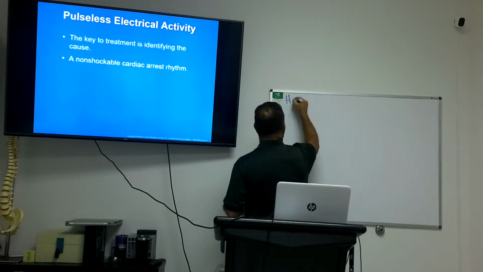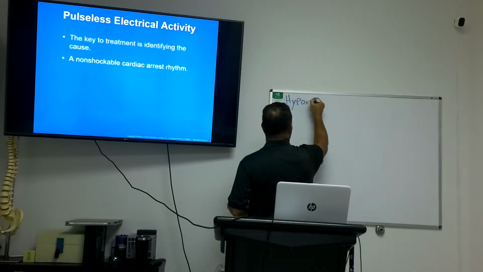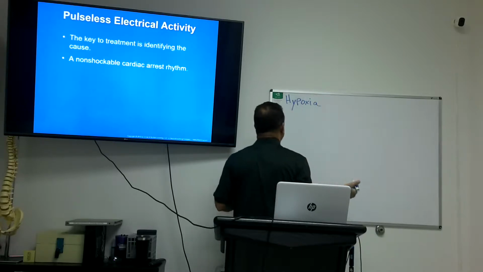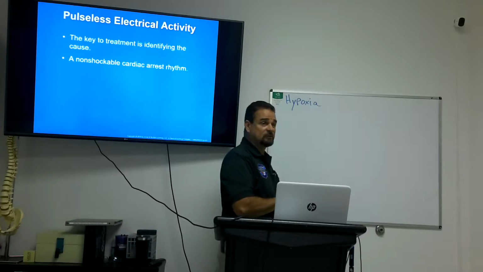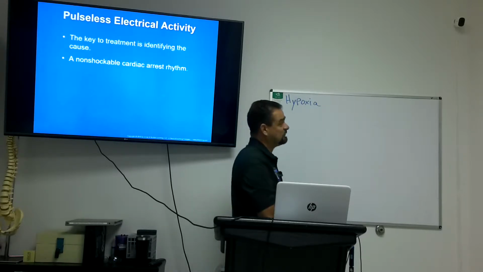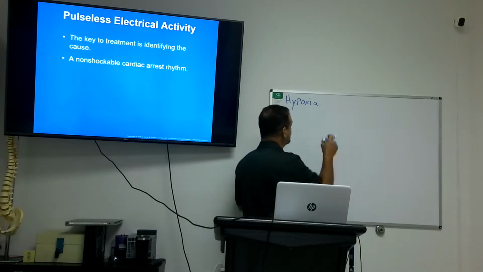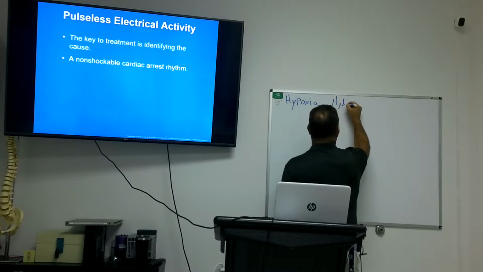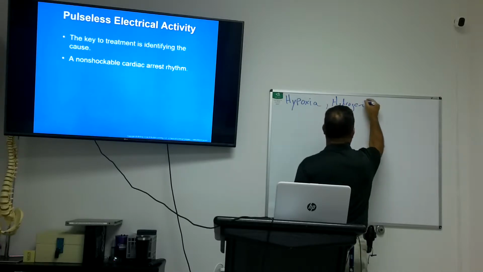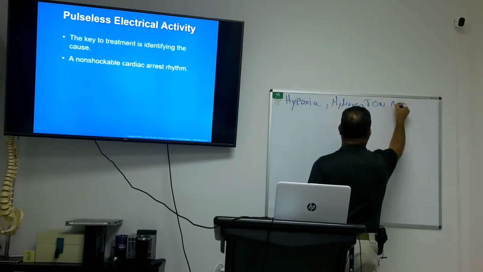The number one is hypoxia. What is hypoxia? Hypoxia is when we have inadequate oxygenation to the blood. There's not enough oxygen in there, so the patient is hypoxic. Next one is going to be hydrogen ion acidosis.